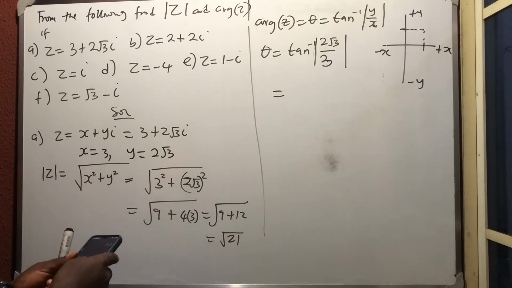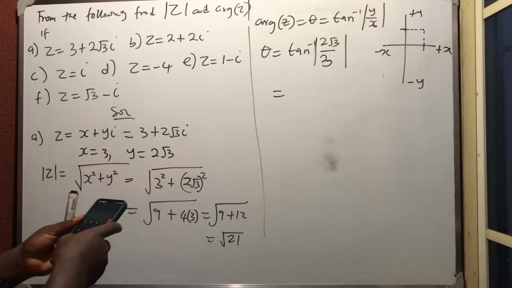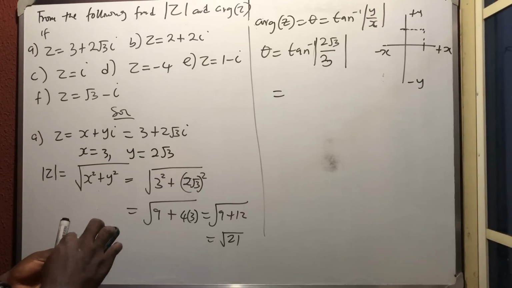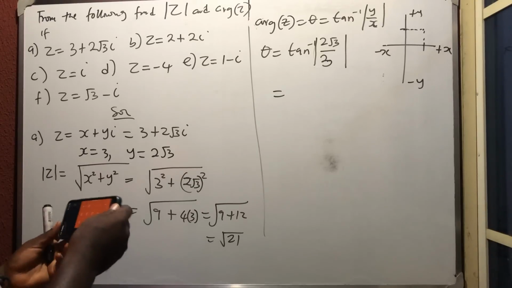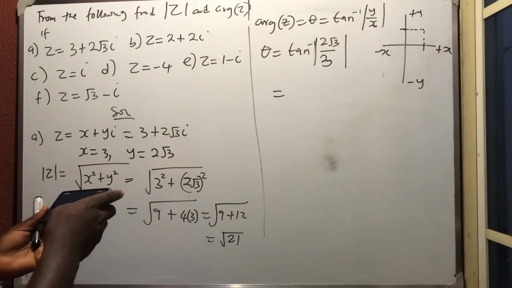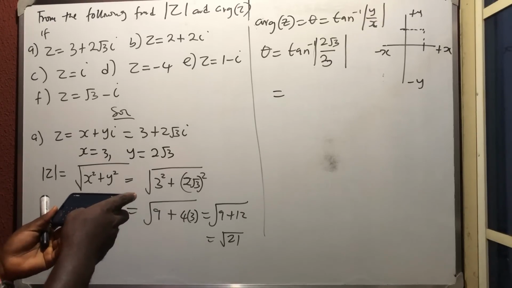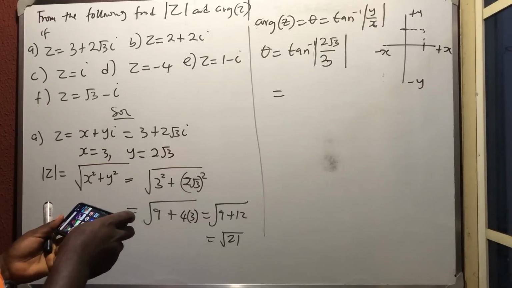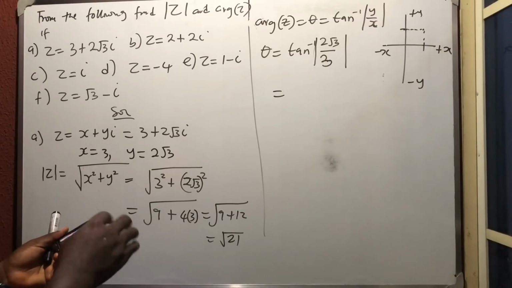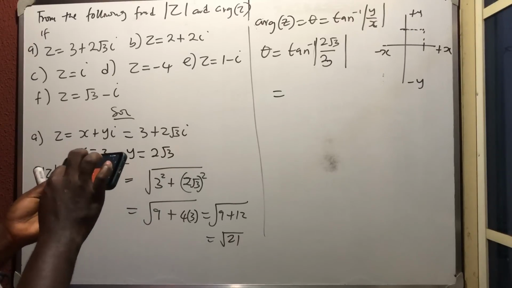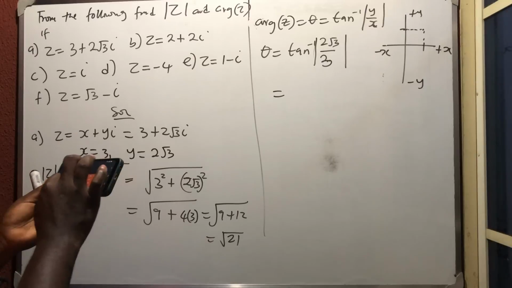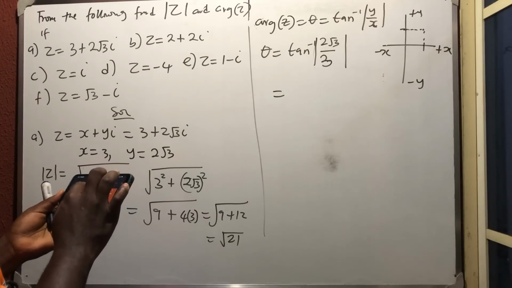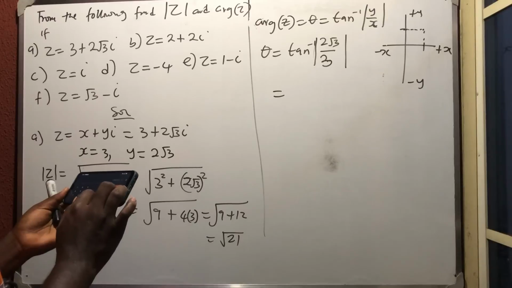So let's divide first. I'm having 2 root 3 divided by 2, I'm having 2 times root 3 divided by 2 times root 3 divided by 3.